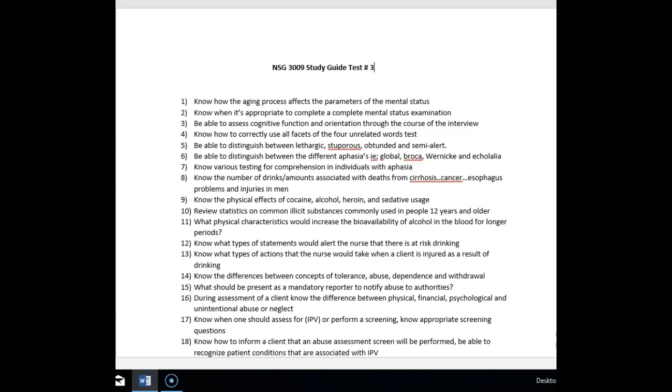The first question on the study guide: know how the aging process affects the parameters of the mental status. Well, the aging process leaves the parameters of the mental status mostly intact. General knowledge does not decrease, and little or no loss in vocabulary occurs.